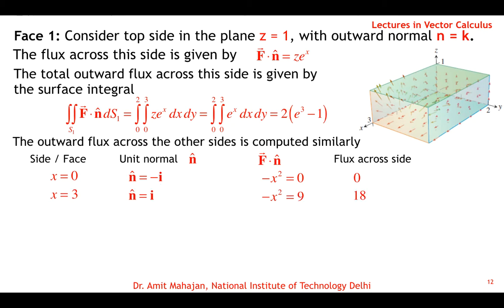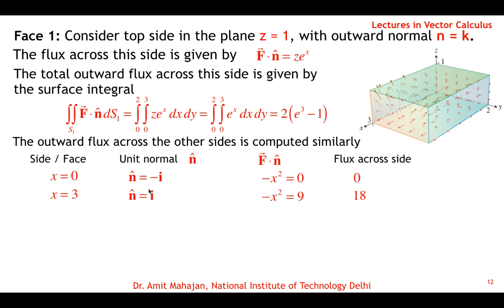If we choose the front surface, x equal to 3, then the unit outward normal will be in the direction of x, so plus i cap. F dot n will be again minus x square, now x is 3, so its value is plus 9. So if we double integrate 9 dS, it is 9 times the area of this box face with height 1 and length 2 units, so the area is 2, and 9 times 2 will be 18.